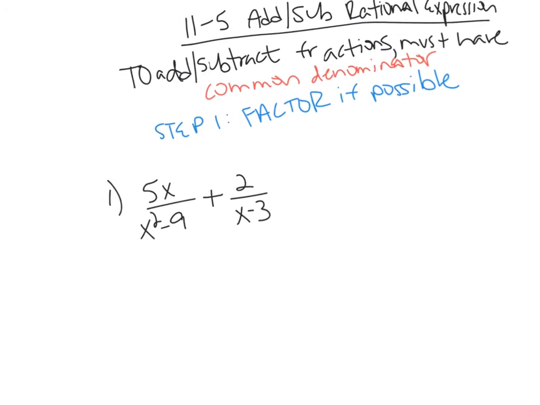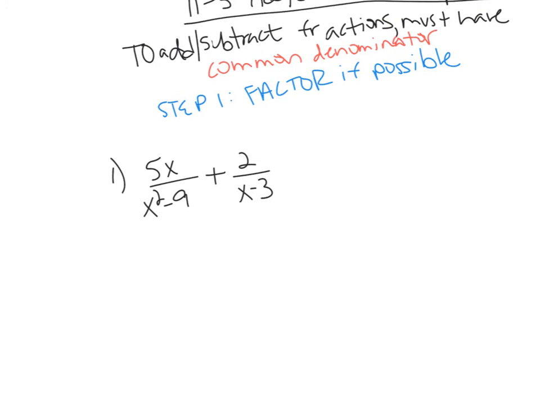So first step is, let's see if we can break down this first denominator. Well, x squared minus 9, that is, ding, ding, ding, a special kind of number. That is a difference of squares. So let's factor out this first denominator, parenthesis, parenthesis.